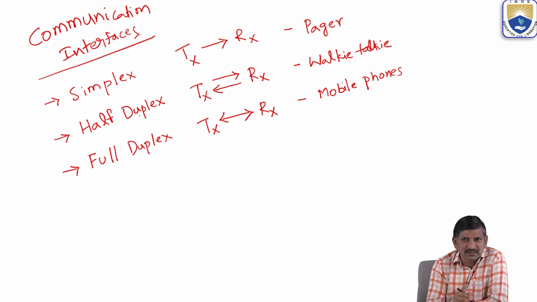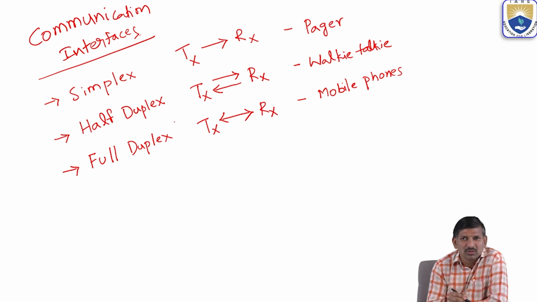In half duplex, at a particular point of time, the sender sends the information from the transmitter to receiver only or receiver to transmitter only. Example, walkie-talkie.